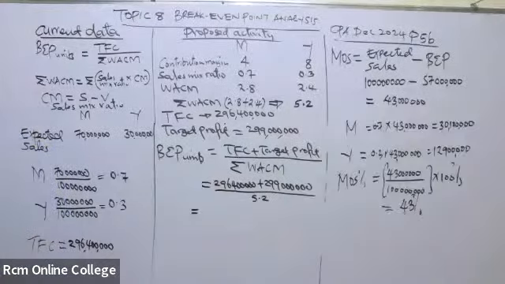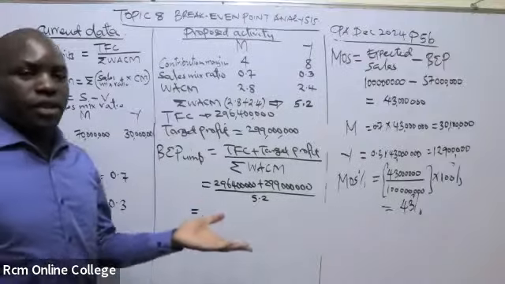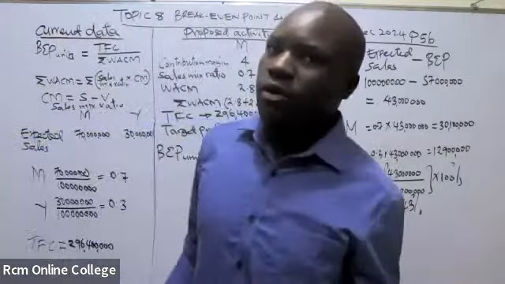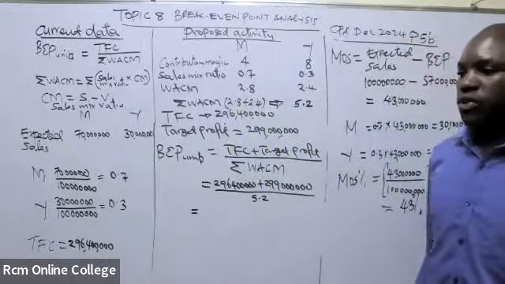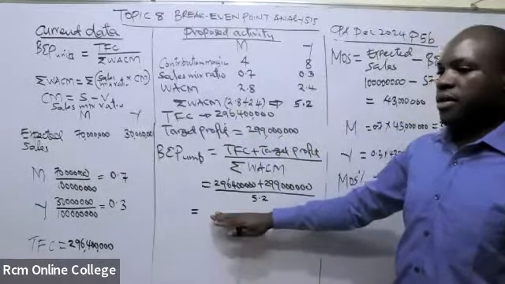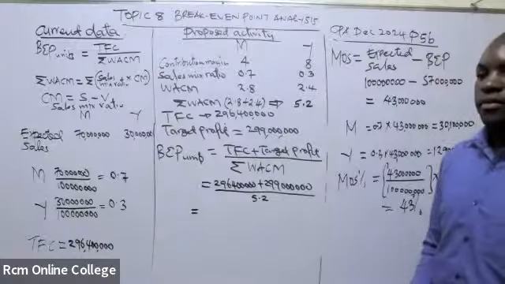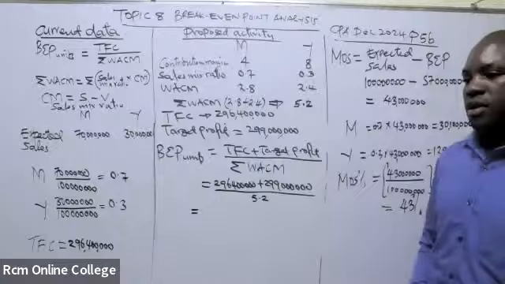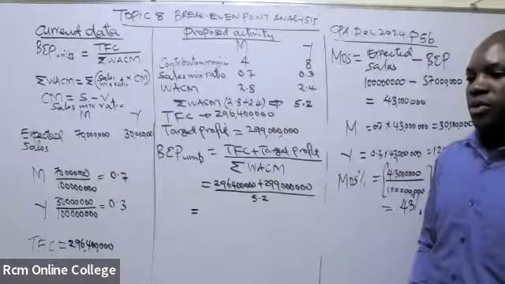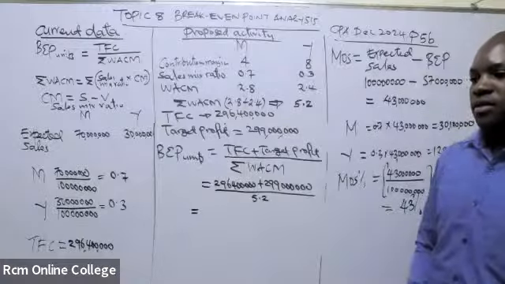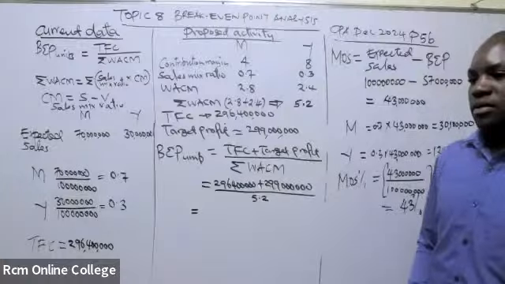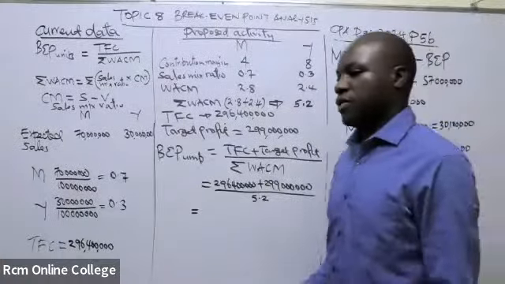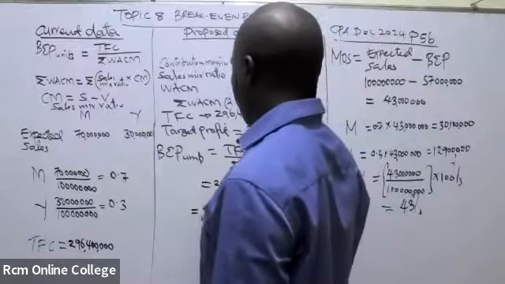What are we having there? You take 296,400,000 plus 299 million, right? Divide by 5.2. What are you getting? We are getting 114,500,000, something like that.